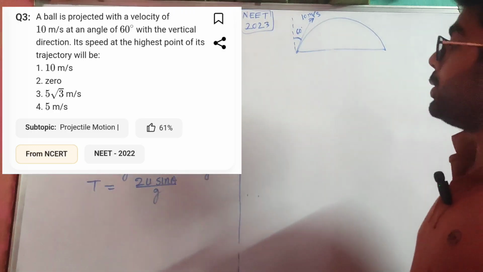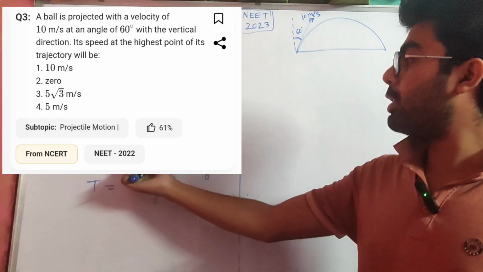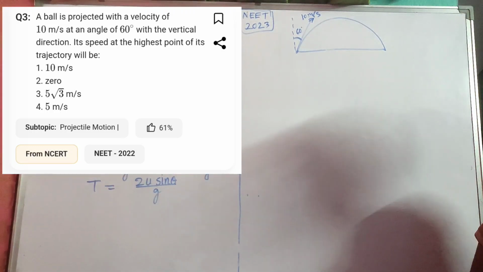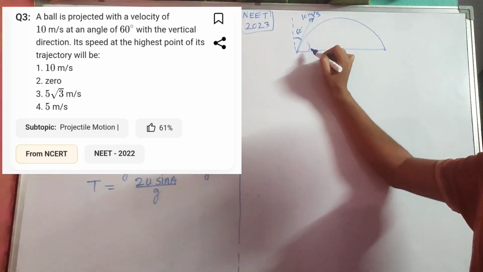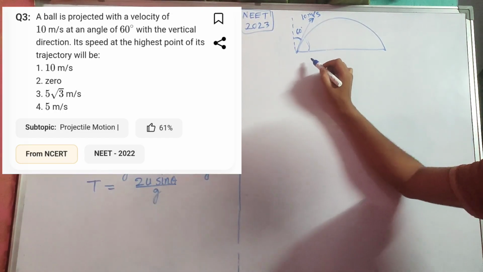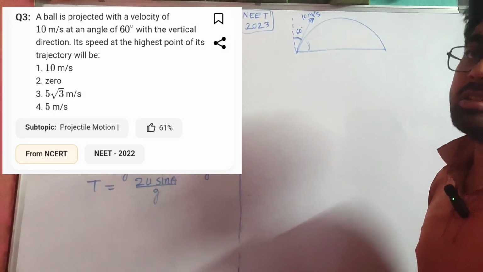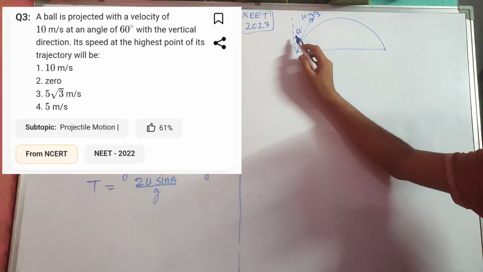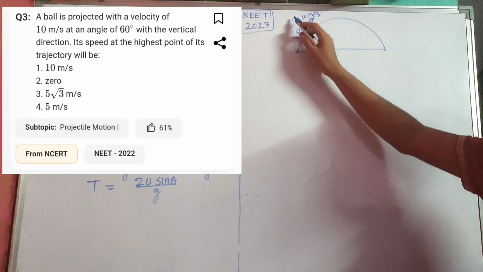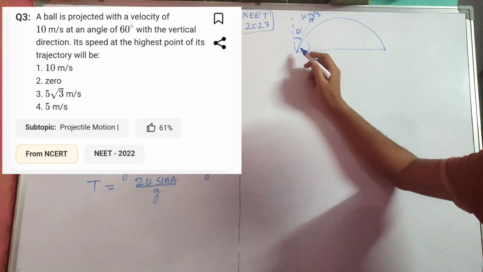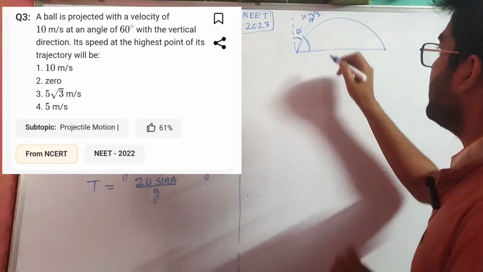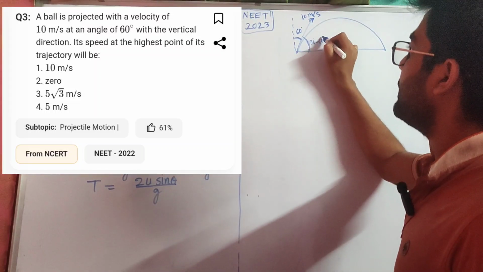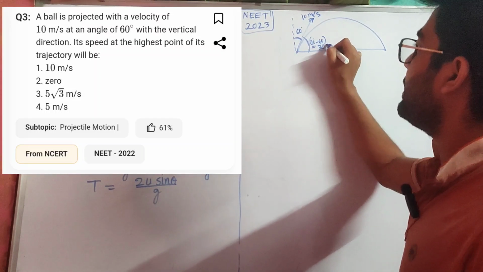But we know that for this formula, theta is always the angle with the horizontal axis. This problem gives 60 degree with the vertical axis. Then the angle with the horizontal axis is 90 minus 60, that means 30 degree.